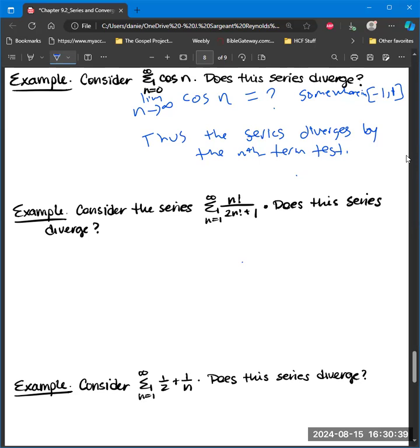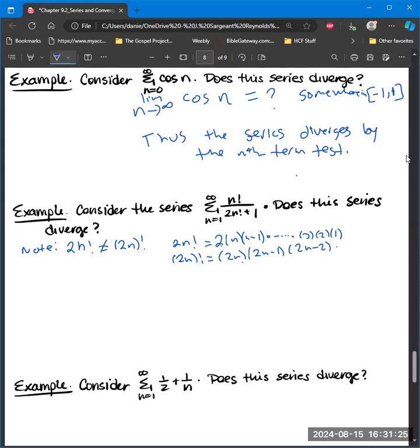So note the difference between them: 2 times n factorial is not the same thing as 2n factorial. 2 times n factorial is going to be 2 times n times n minus 1 times dot dot dot times 3 times 2 times 1, and you're just multiplying by 2 there. 2n factorial is equal to 2n times 2n minus 1 times 2n minus 2 times dot dot dot times 3 times 2 times 1. Not the same thing, all right?